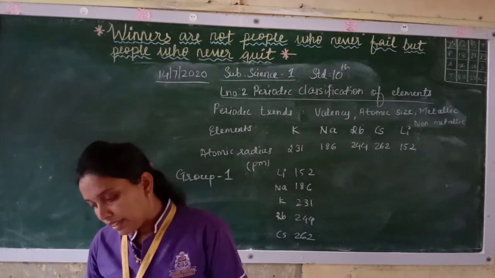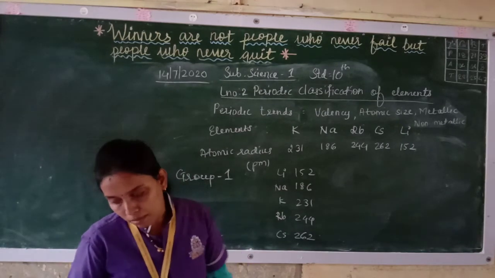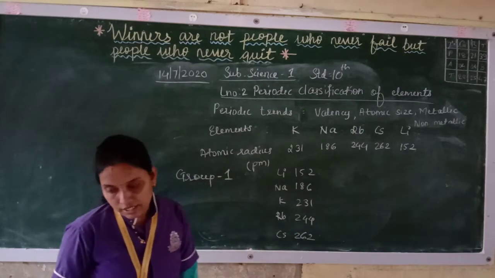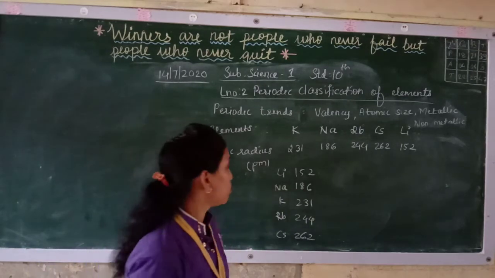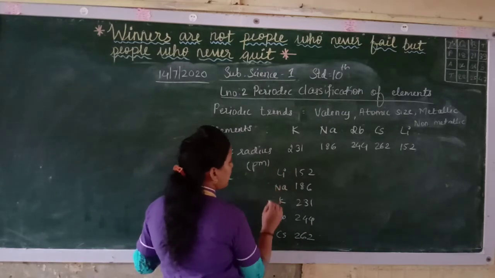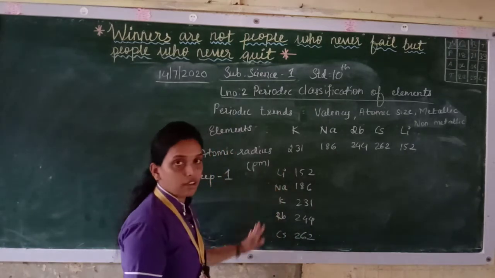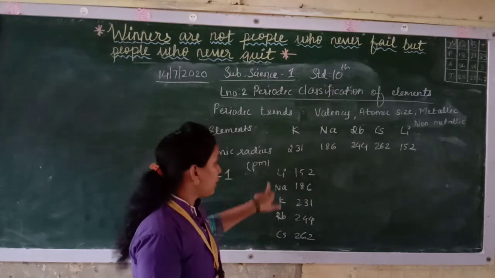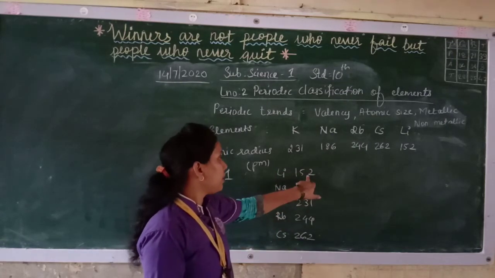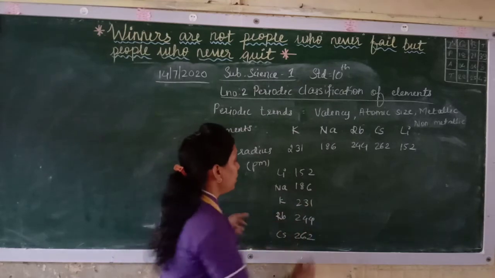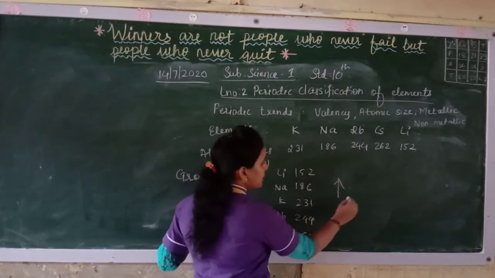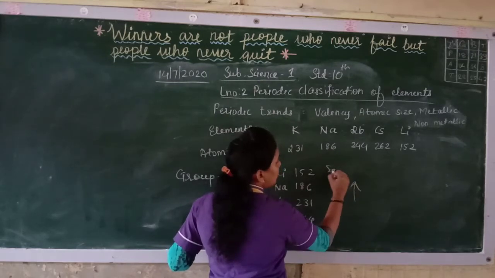So what you will get here is that down the group atomic number is increasing, atomic radius is also increasing and atomic size also will increase. Atomic radius will go on increasing over here. If atomic number is increasing, see the atomic radius number, it is also increasing, and if it is increasing, then size will also increase.